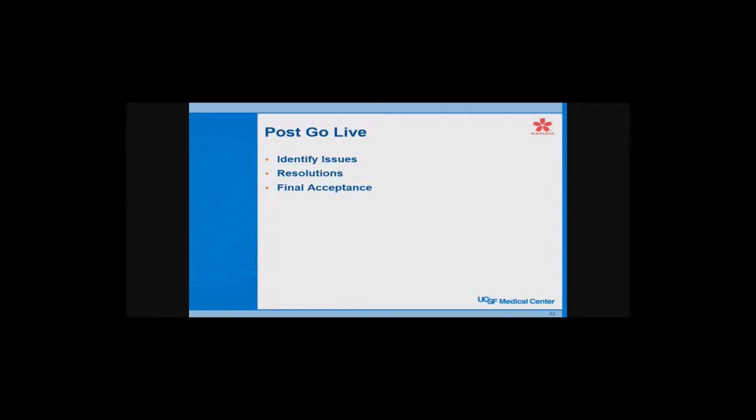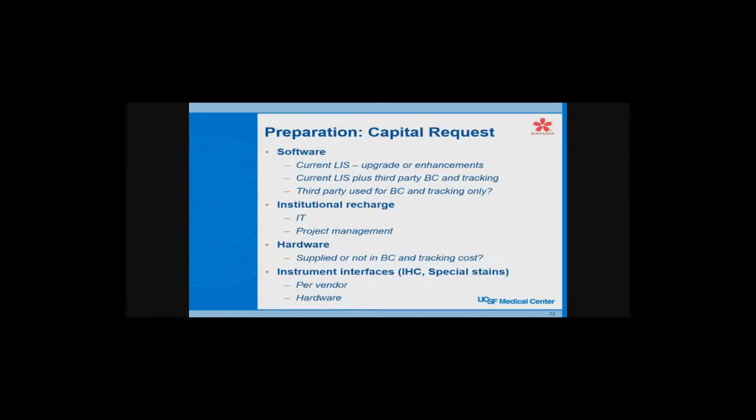We really wanted to make sure we get our money, and then our bonus money. Then any changes to be made in your current system, hardware, implementation and installation, IT infrastructure, training, testing, go live. We'll go through all this more. And then the post-go live is identifying any issues that come up that didn't show up in previous testing, and then resolutions to those, and then a final acceptance.